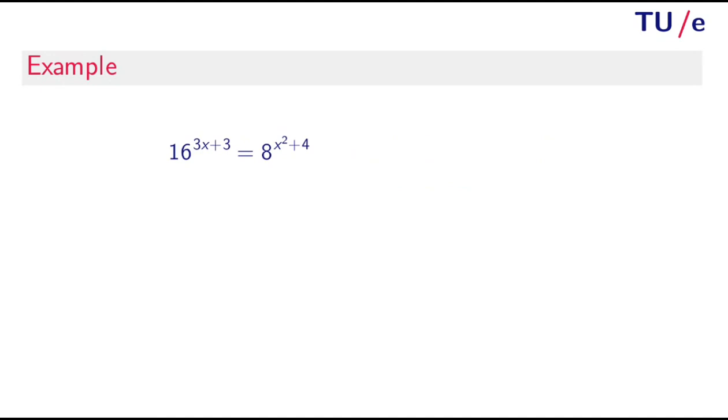Another example, 16 to the power 3x plus 3 is equal to 8 to the power x squared plus 4. From this we deduce that 16, which is 2 to the power 4, to the power 3x plus 3 is 8, which is 2 to the power 3, to the power x squared plus 4.